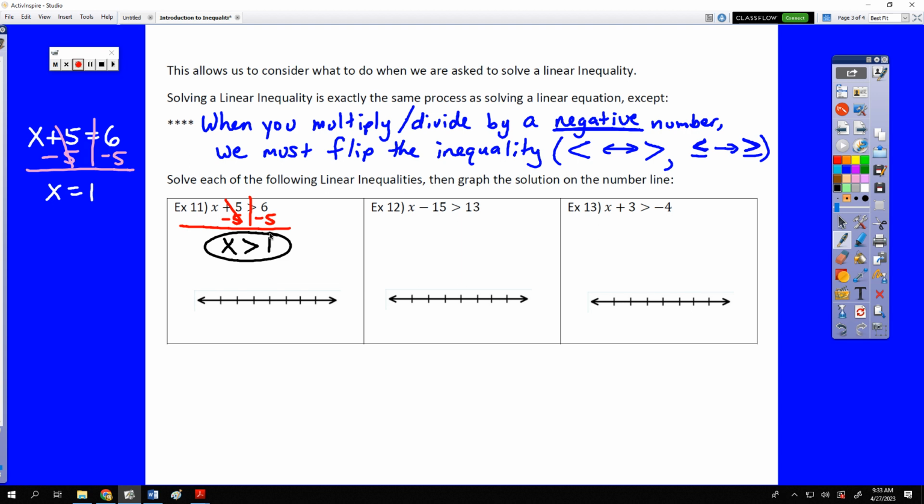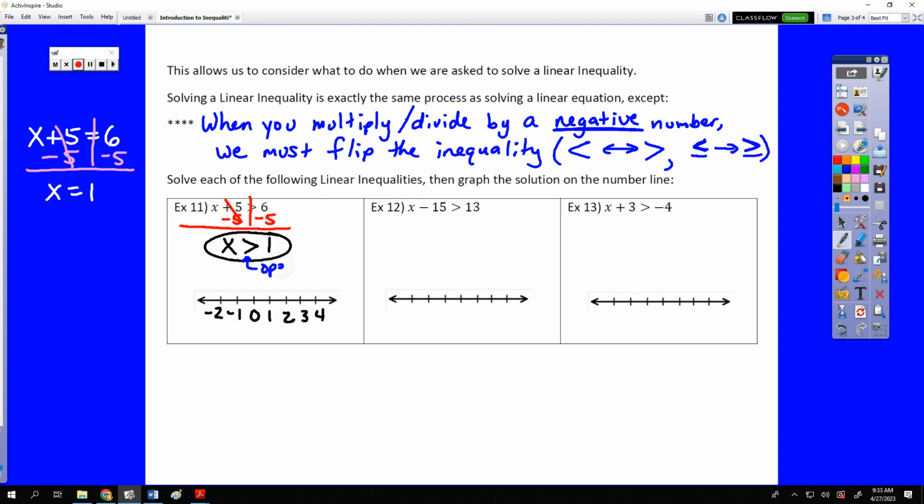So, that says x is greater than 1. That means that our circle is going to be located at 1. So go ahead and get your number line labeled. Should run something like -2 to +4, something like that. Okay, and then we have a greater than symbol, which tells us open or closed. Open, very good.